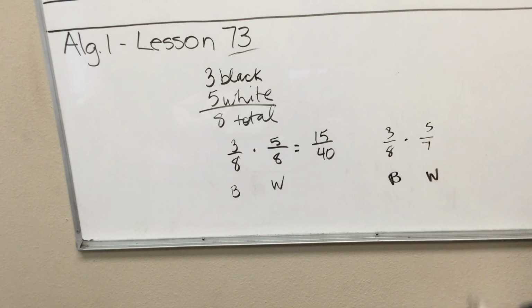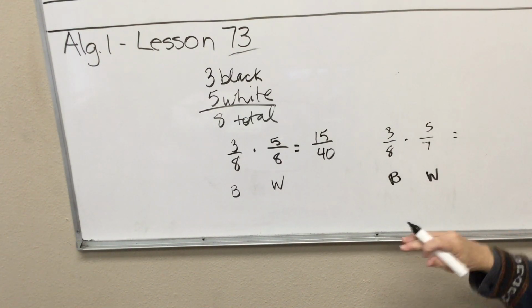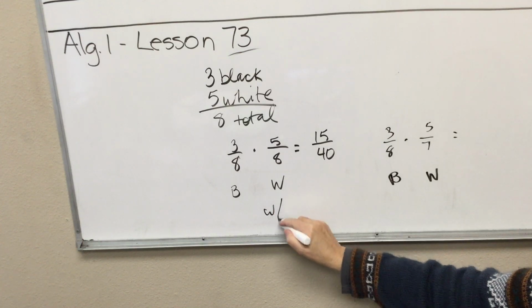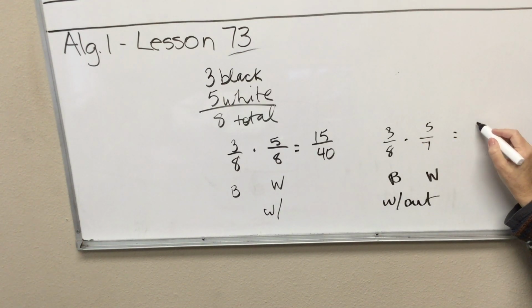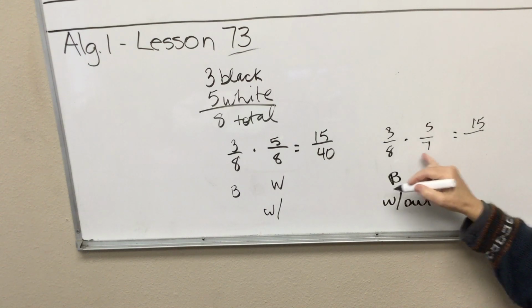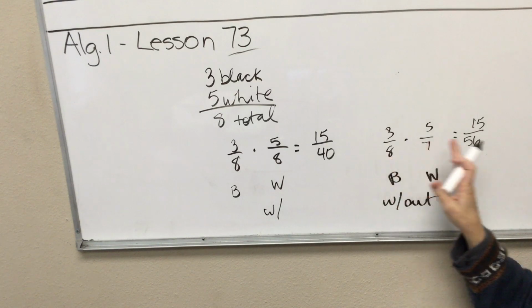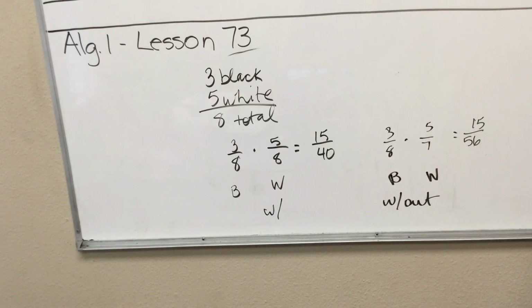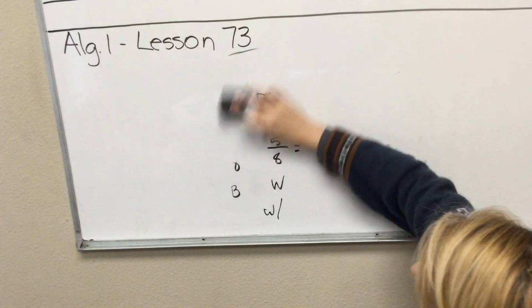There's still 5 whites, but there's 1 less. And so now it's a different probability without replacement. That's with, and this is without. So now it would be a 15 in 56 chance of drawing first a black and then a white without replacement. And so that is how they do the probability. But then they of course go from there. So let's look a little longer.